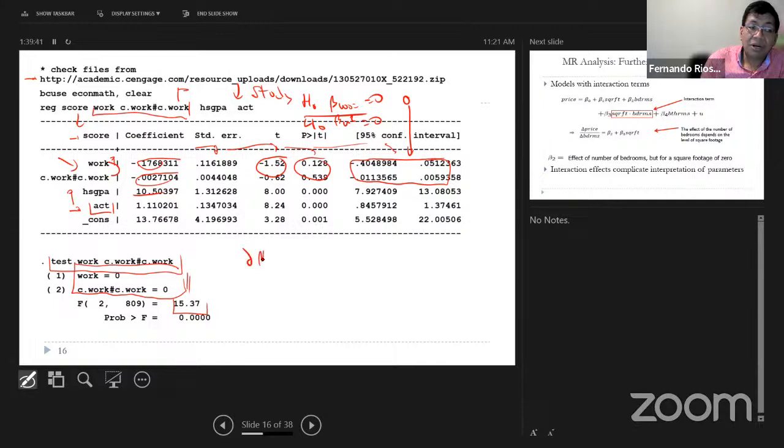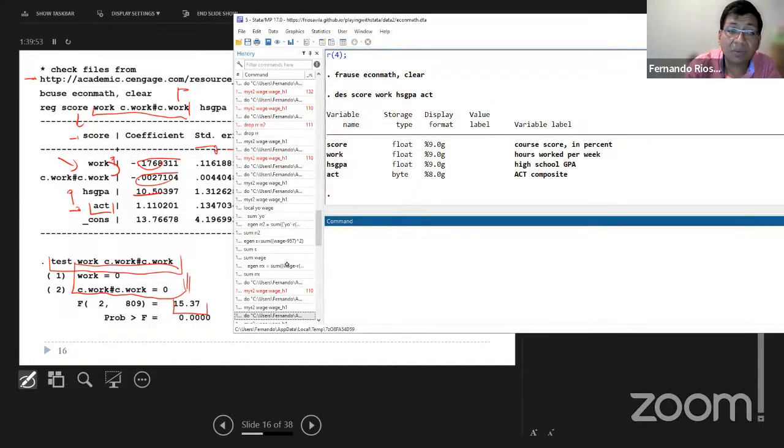Now, what's the impact? You would like to estimate margins to figure out, on average, how much worse their performance is for each additional hour of work. So actually, we can do that over here. Let's see, regress score on work and work squared.